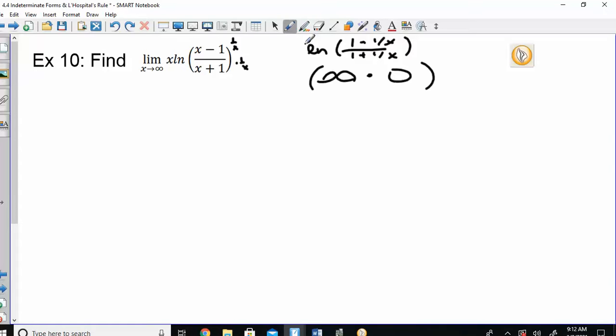Do we know what that equals? No. It's a product. We want to somehow write this as a quotient. Which of those things would you rather move to the bottom? The x. I strongly recommend never trying to move the log to the bottom. Leave it alone, just move your x. When I move that x to the bottom, what does it become? 1 over x.